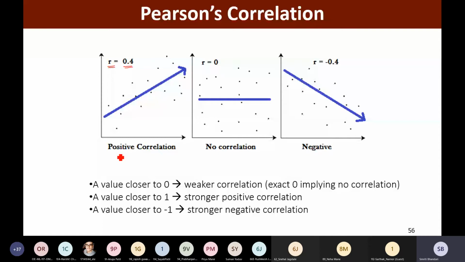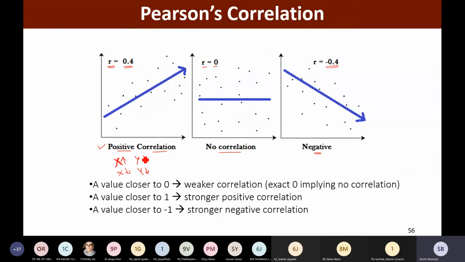So what does this mean? Positive correlation, negative correlation, or no correlation? Positive correlation means if feature A increases, or if we are talking about two variables x and y, if my x value increases, then my y also increases. If my x decreases, then my y also decreases. If this is the case, then I have some positive value for R, and we say that it is a positive correlation.